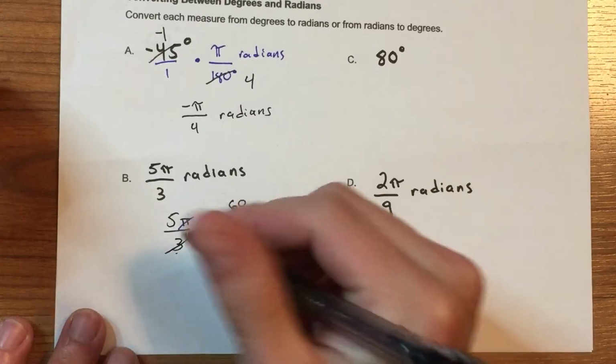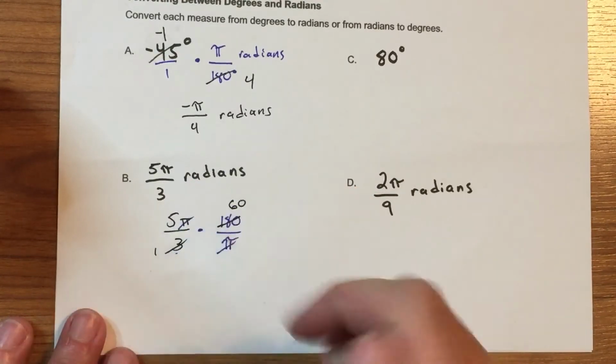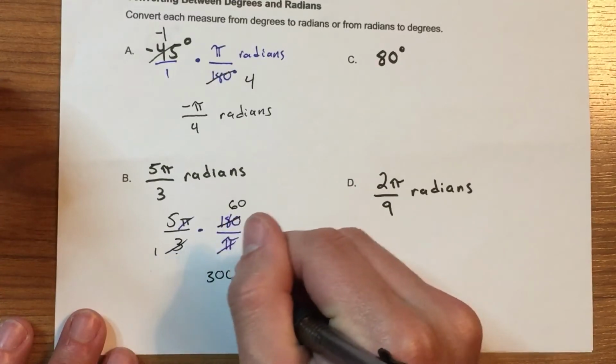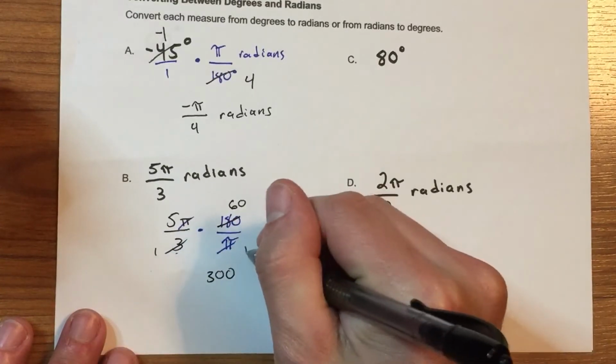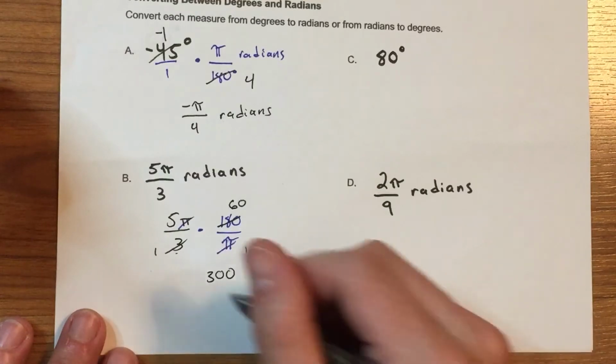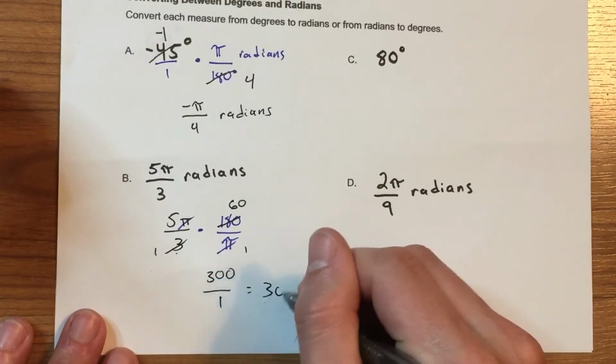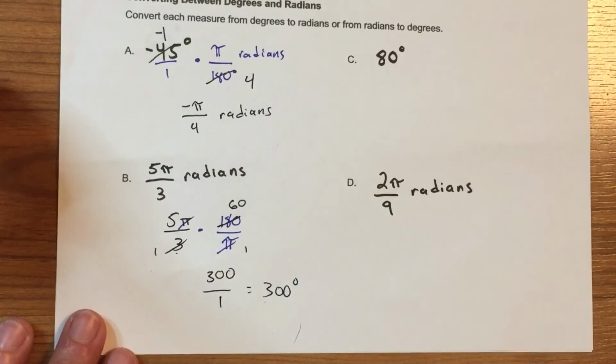Now we're going to multiply straight across. 5 times 60 is 300. 1 times 1 is just 1. So it's 300 over 1, or simply 300 degrees. 5 pi over 3 radians converts to 300 degrees.